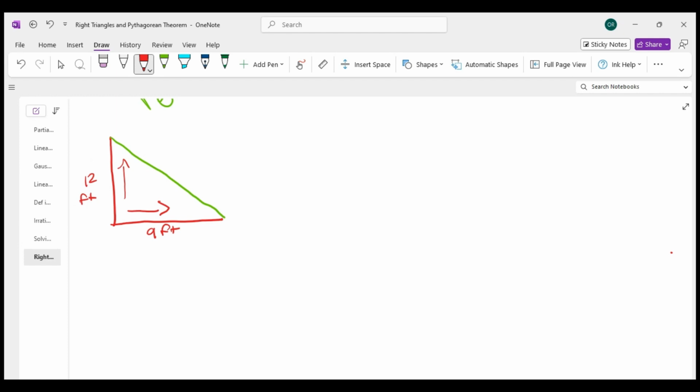So just like our other examples, this looks like a Pythagorean Theorem right triangle. So what we would do is do 12 squared, or you could do 9 squared. I'll show you both ways to show you that you do get the same answer. So you'll do 12 squared plus 9 squared equals c squared.